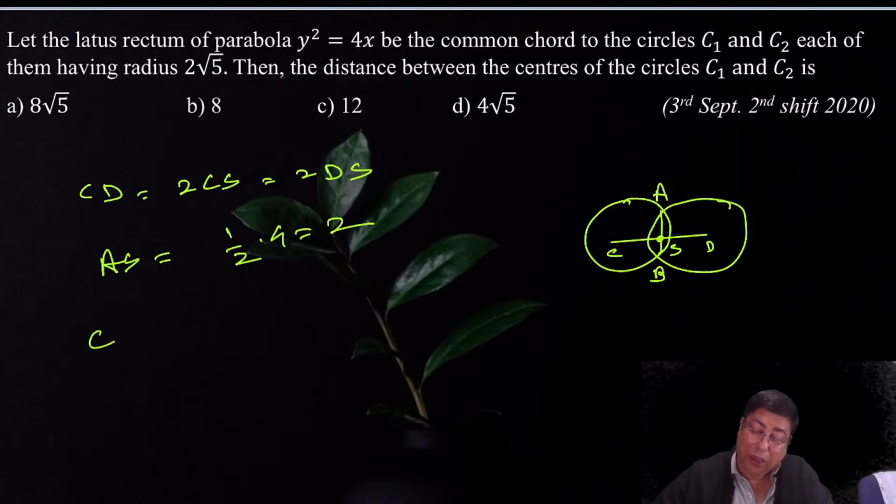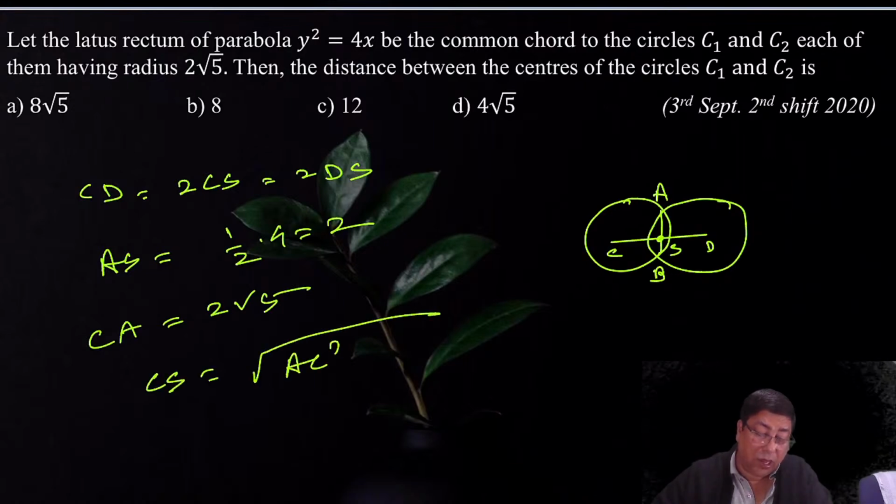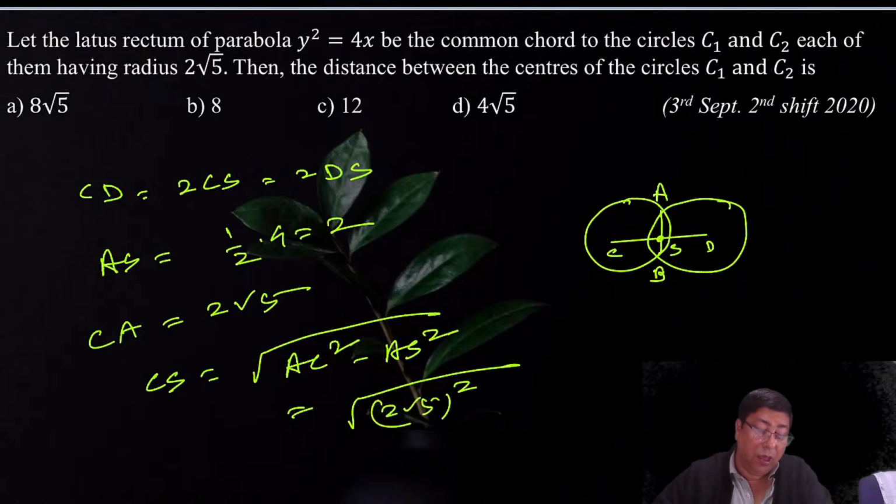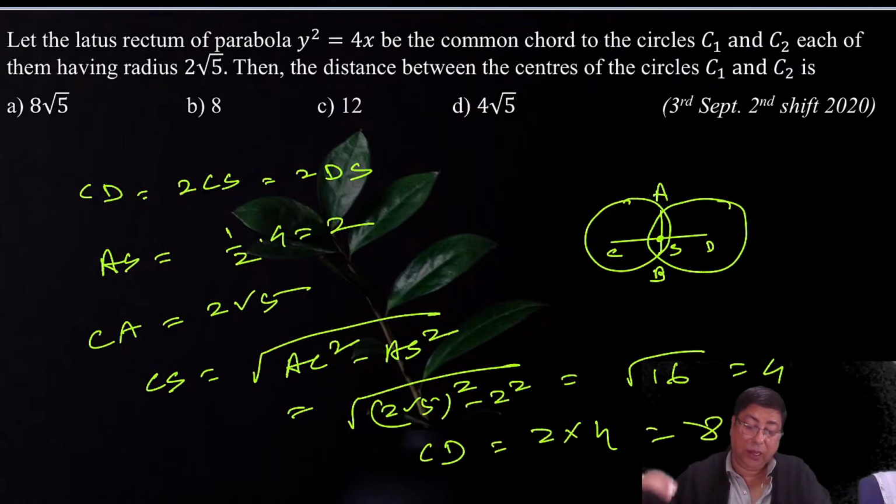Now CA equal to the radius of the circle, 2 root 5, which is given to us. Therefore CS equal to root over, by Pythagoras theorem, AC square minus AS square. Therefore (2 root 5) whole square minus 2 square equal to 20 minus 4, that is root over 16 equal to 4. Therefore CD equal to twice 4, coming 8.